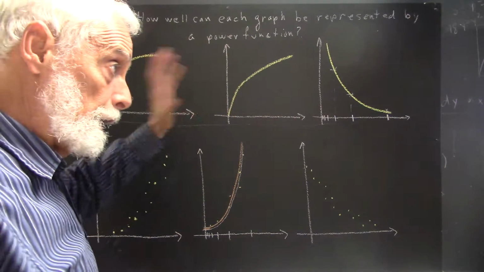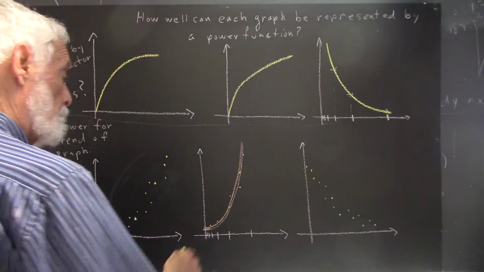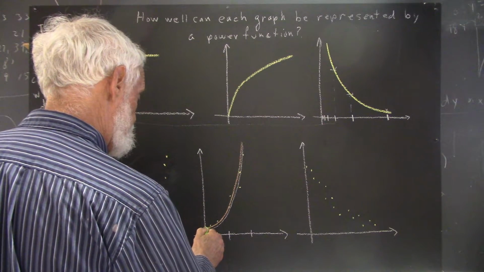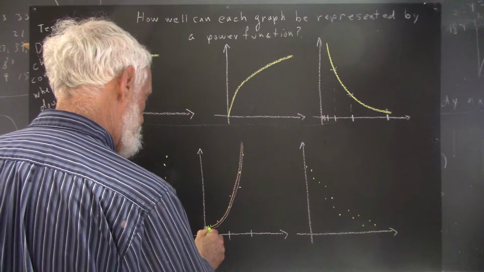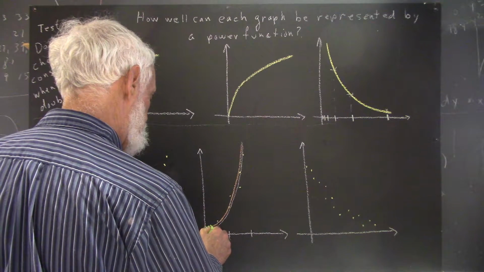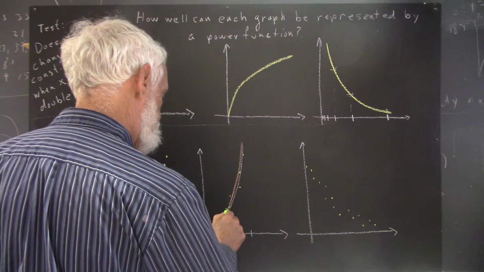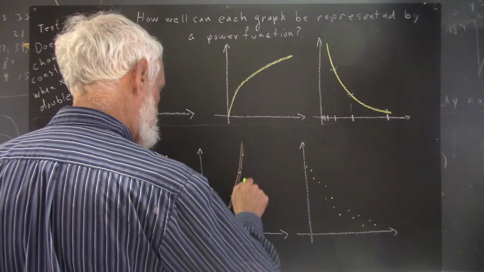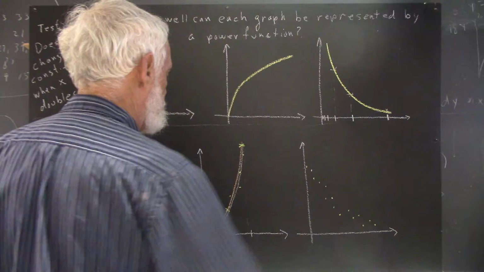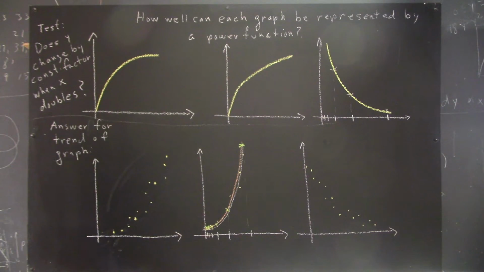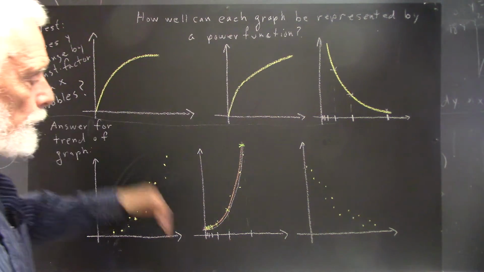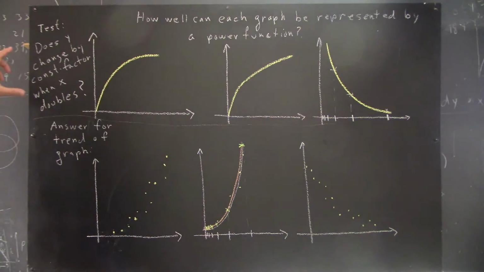I've fit a trend line to the data points, forget them, ignore them. So now I'll have a point here, and I'll have a point here, and I'll have a point here, and I'll have a point here, and I'll come up here, and I'll have a point here, and I'll come up here, and I'll have a point up here. Okay, well, we can test according to the test. We can look at these points according to the test for a power function and make a decision. So that's the sort of thing you would do with each graph.